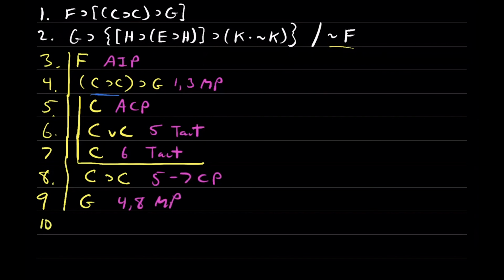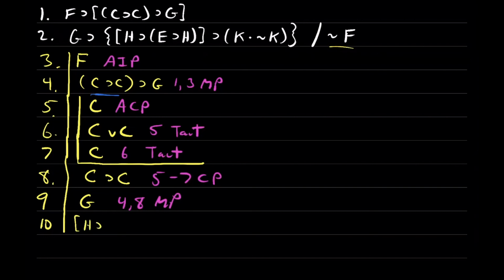Line 10, still inside the scope of that line. But line 2 says that if G is the case, I can get this really long expression inside the brackets or the curly braces. So I know G on line 9, so I can get everything inside those curly braces, which I'm going to write here.